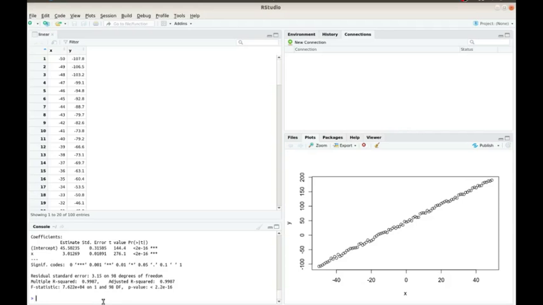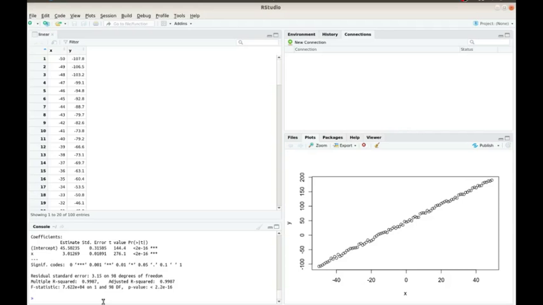Our r squared value is 0.9987, which is basically a 1. And what's different here is you could see the significance codes on the intercept and the x relationship. The intercept is 45, so we would see that the equation is 3x plus 45.5.